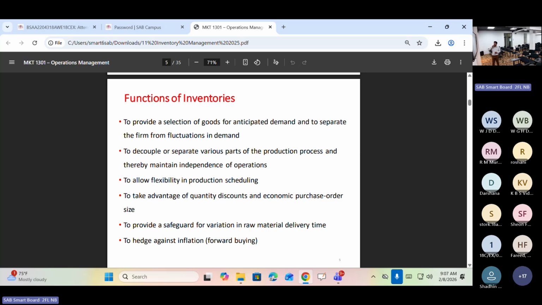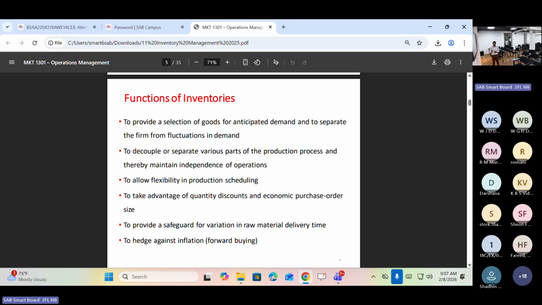The first point mentioned here is to provide a selection of goods for anticipated demand and to separate the firm from fluctuations in demand. In any consumer product, from biscuits to chocolates to beer, to consumer durables like televisions and refrigerators, the demand may fluctuate in the market.